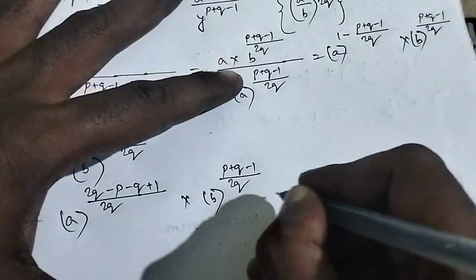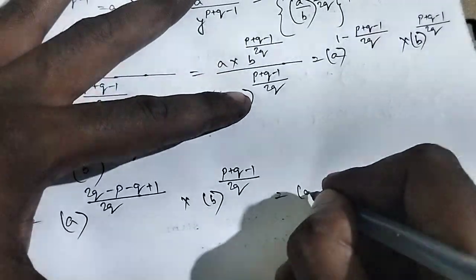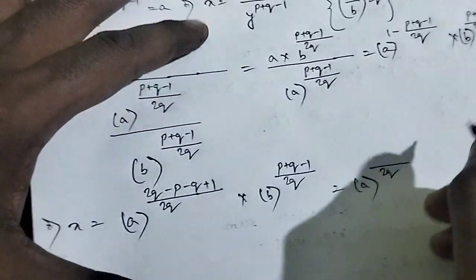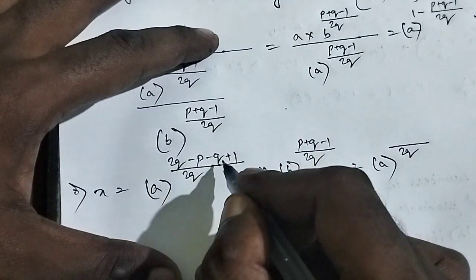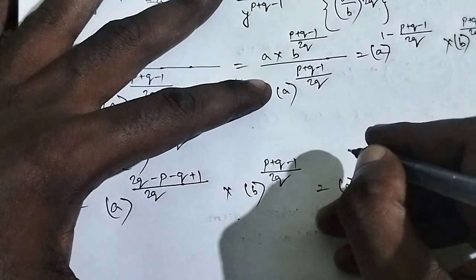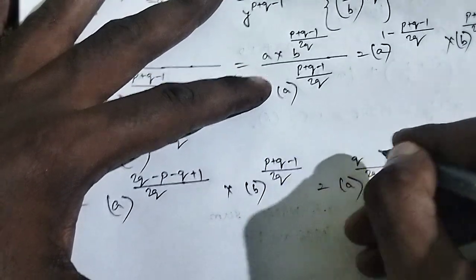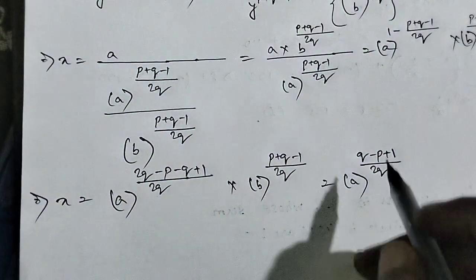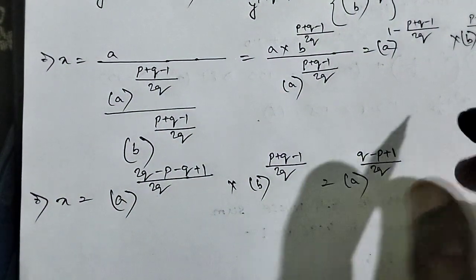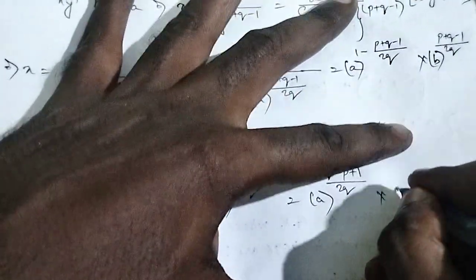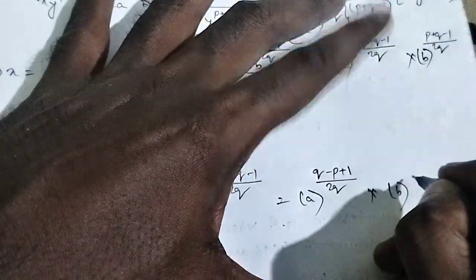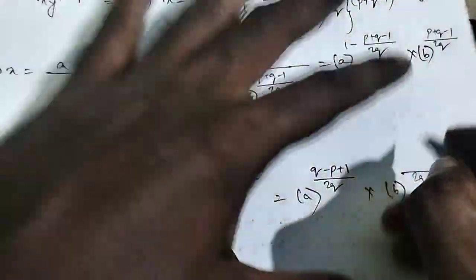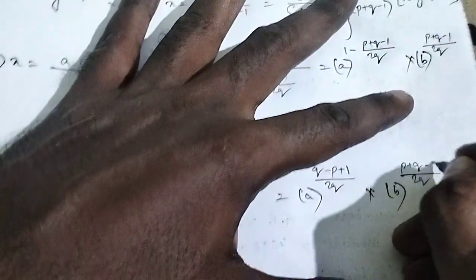Okay, so it would be a to the power 2q minus q is q minus p plus 1, a to the power q minus p plus 1 into b to the power p plus q minus 1 over 2q, p plus q minus 1.